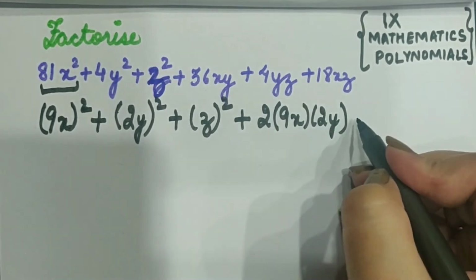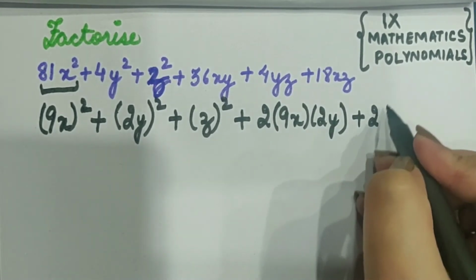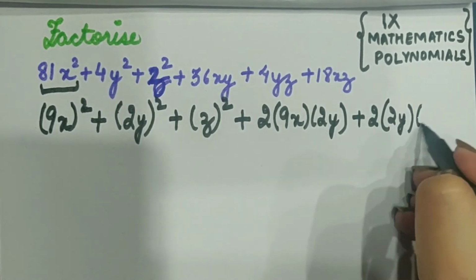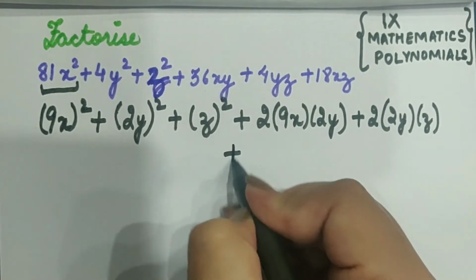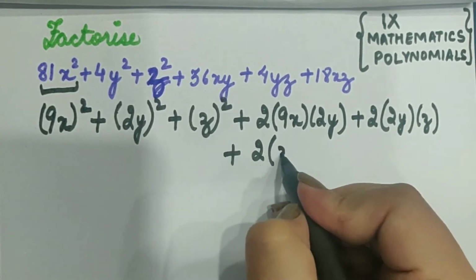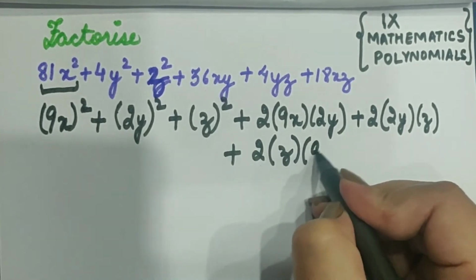This 4yz can be written as 2 times second into third. And this 18xz can be written as 2 times third into first.